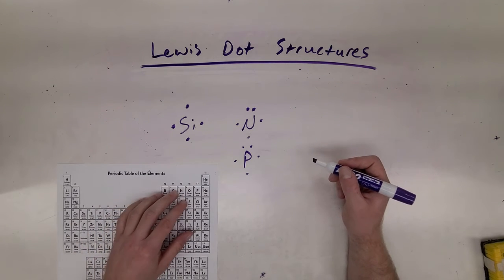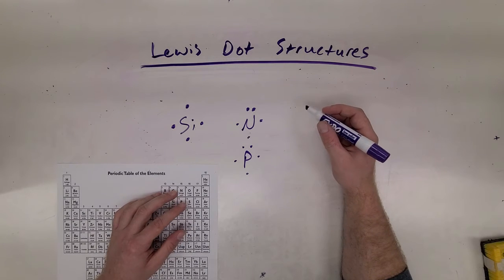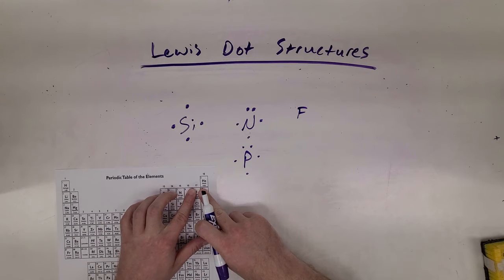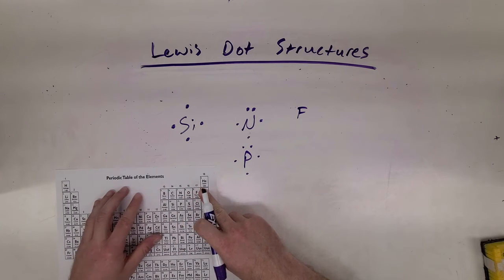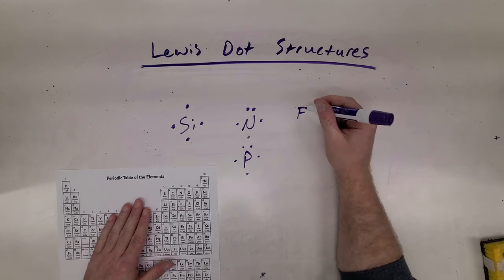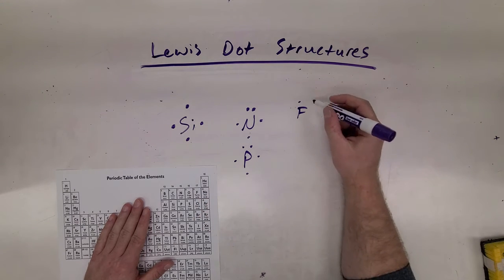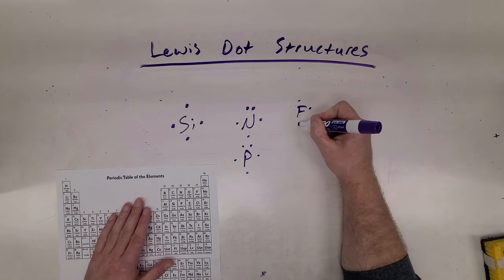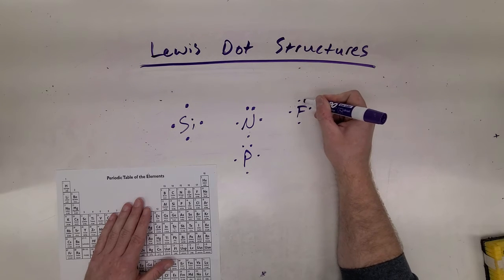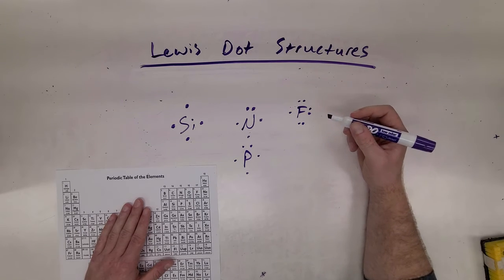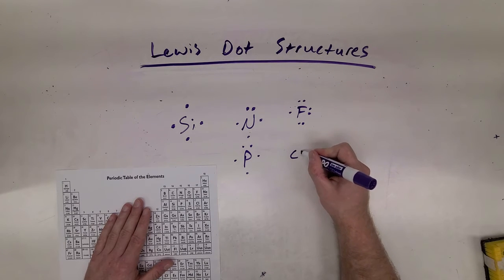We'll look at 2 more examples here. We get over to fluorine and chlorine. Fluorine is in group 7, or 7A, of these groups that are not transition metals. Fluorine is 1 away from the very last column, so it's going to have 1 less than that, which is a total of 7. Same thing with chlorine.